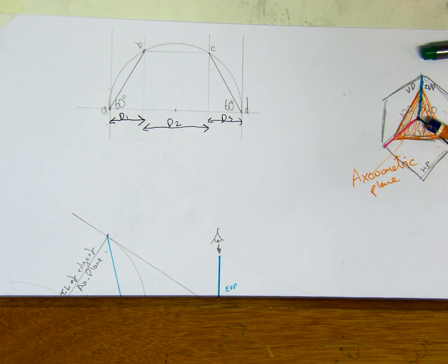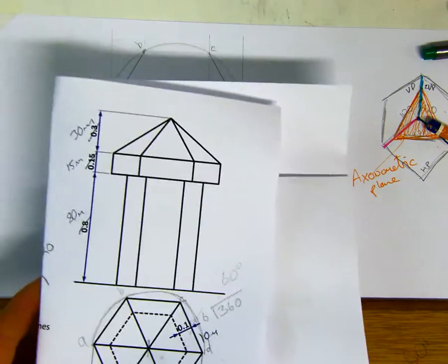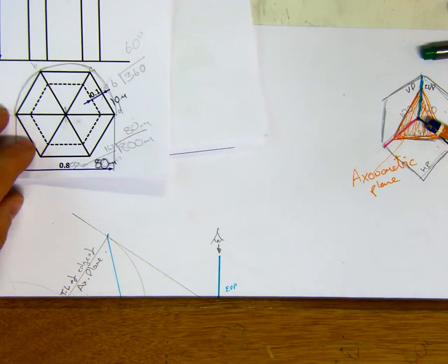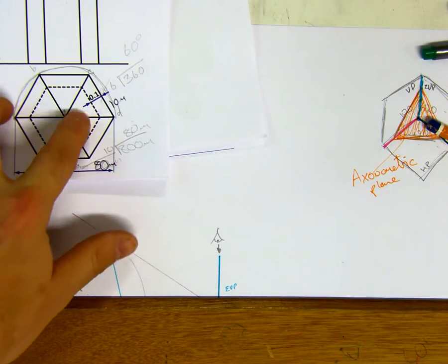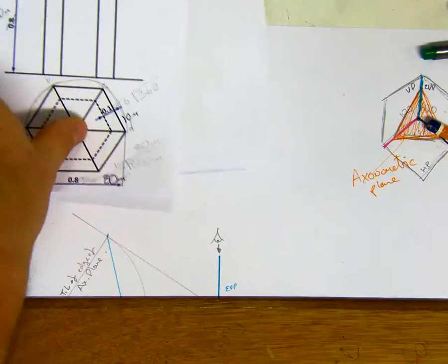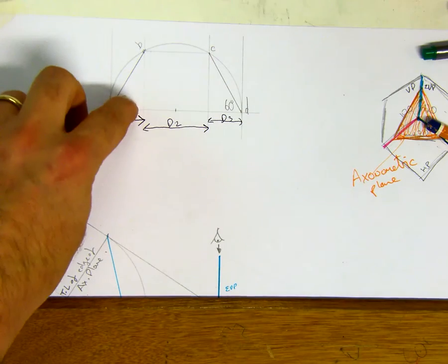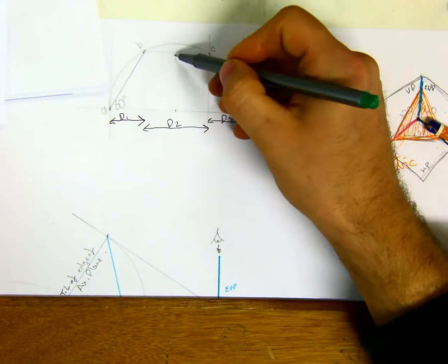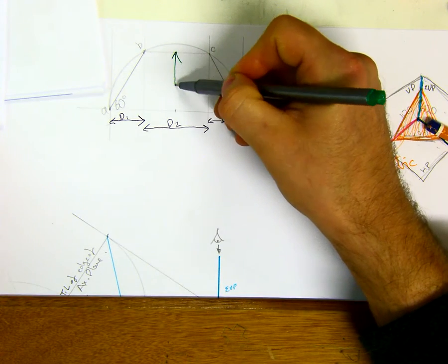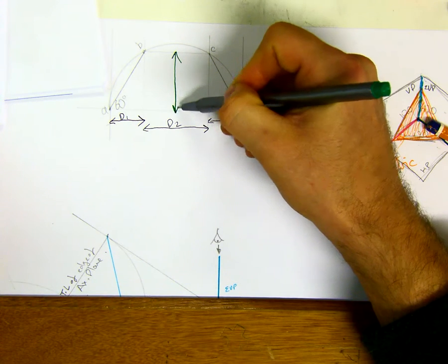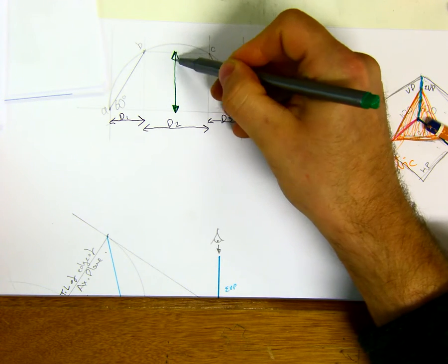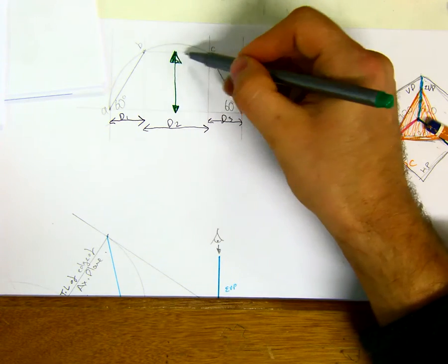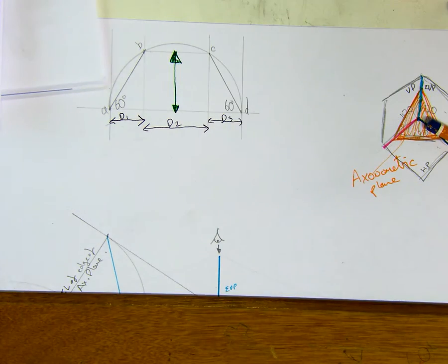So we have all those distances. Using those distances, we have half the plan drawn apart from the hidden detail. So we can use those distances now to put in our plan. From this edge to the center is how we start off our drawing, because this edge BC is going to be touching the vertical plane.